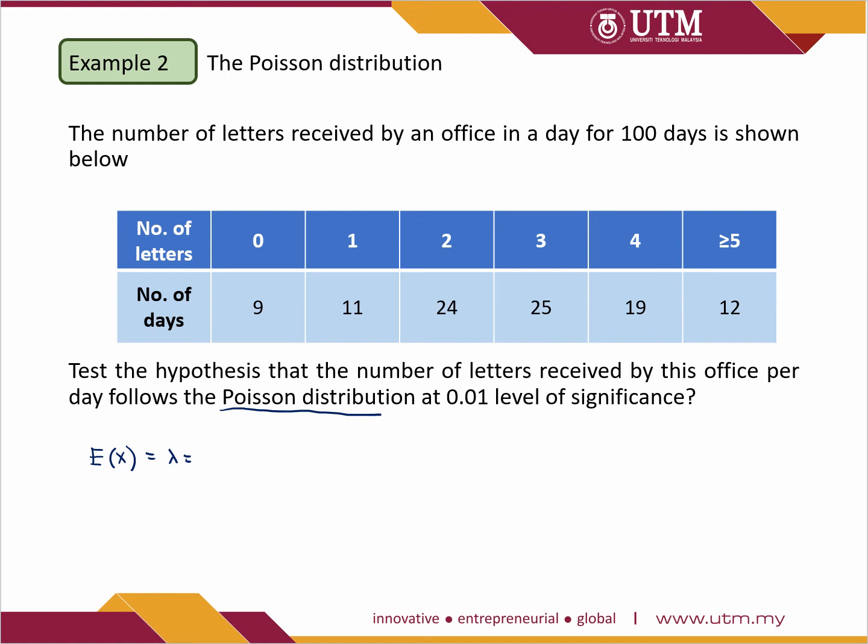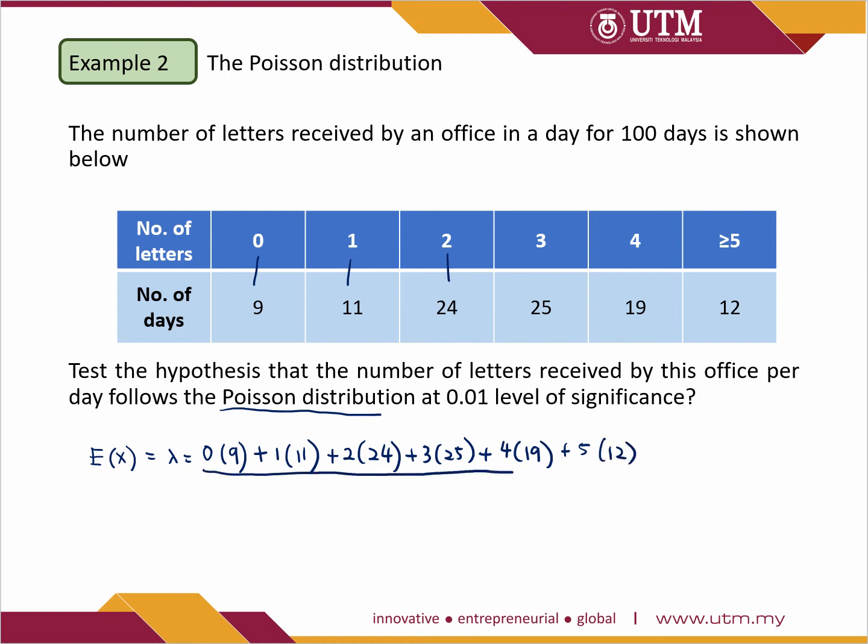So for number of letters 0, the frequency is 9, plus 1 times 11, plus 2 times 24, plus 3 times 25, plus 4 times 19, and the last, 5 times 12.